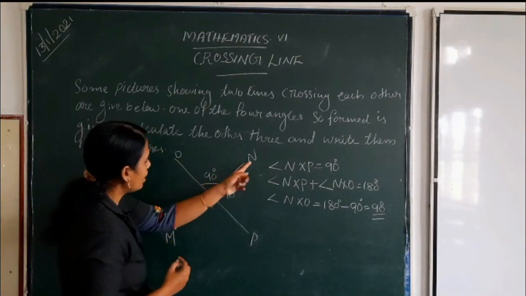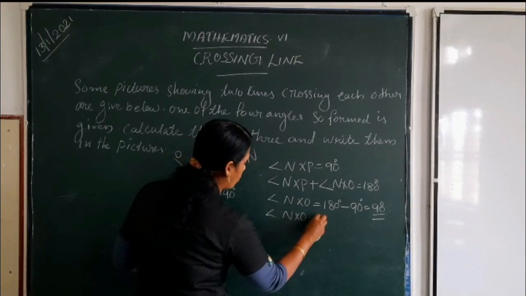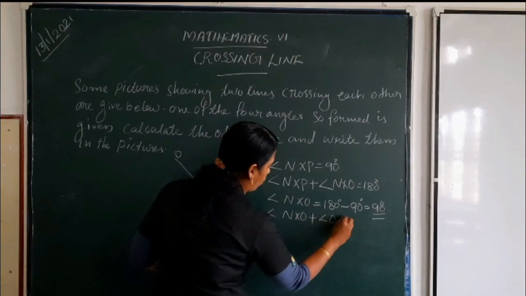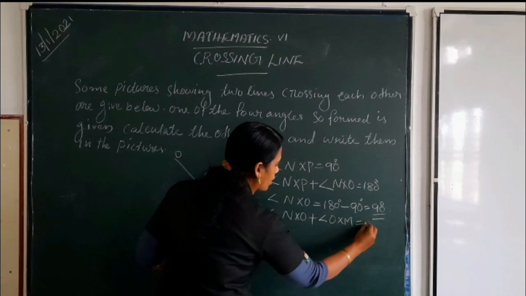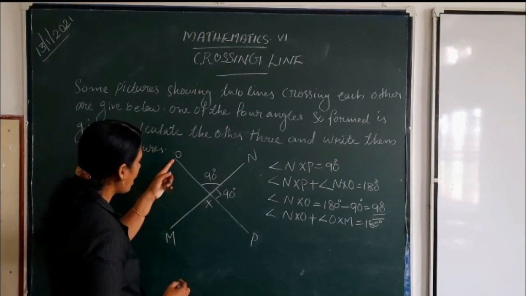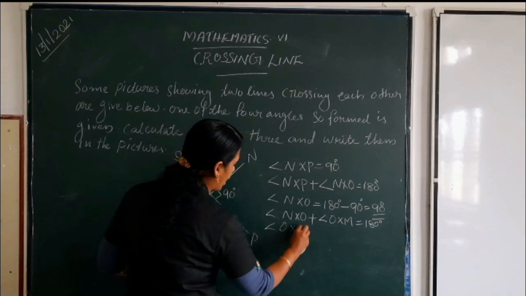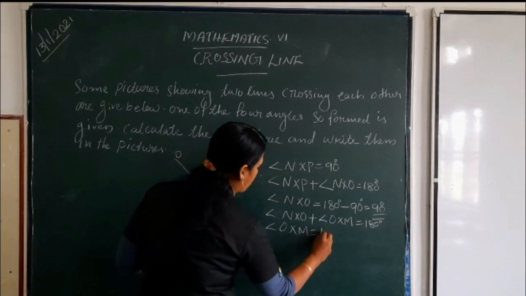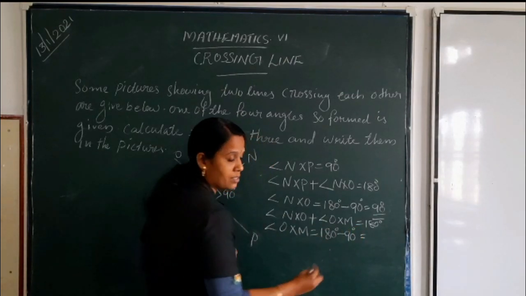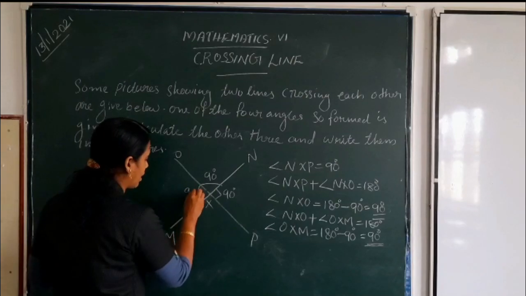Next one, angle NXO plus angle OXM is equal to 180 degree. So here angle OXM is equal to 180 minus 90 is equal to 90 degree. Here also 90 degree.